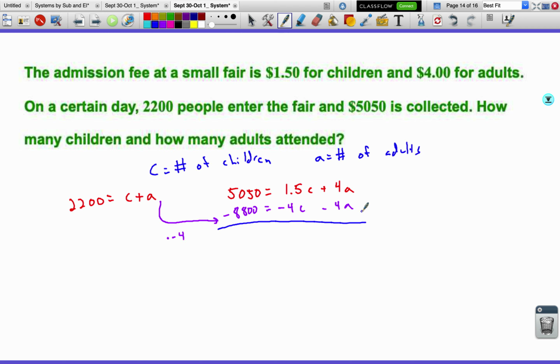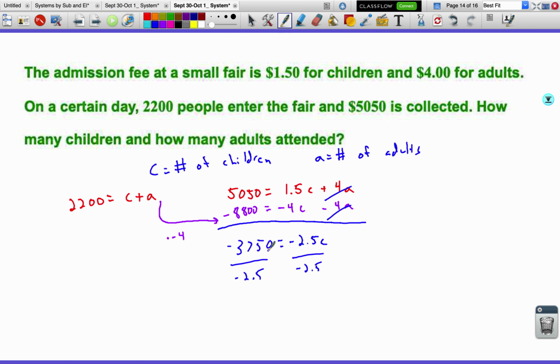5,050 minus 8,800 is -3,750 equals -2.5C. And these cancel out. Divide both sides by -2.5.